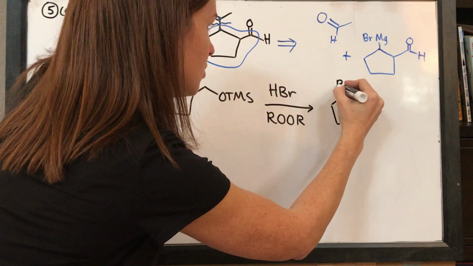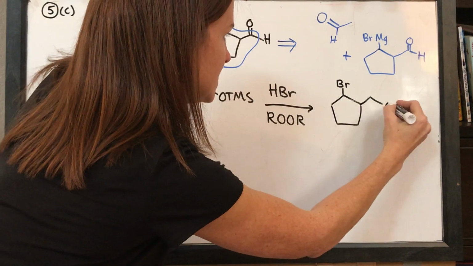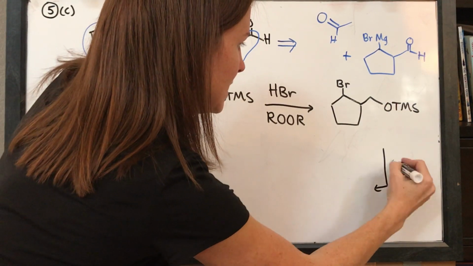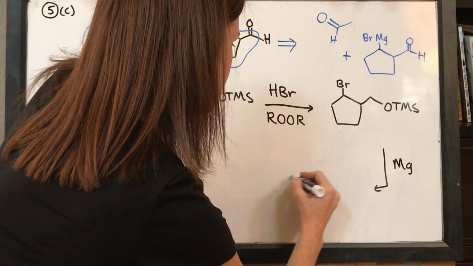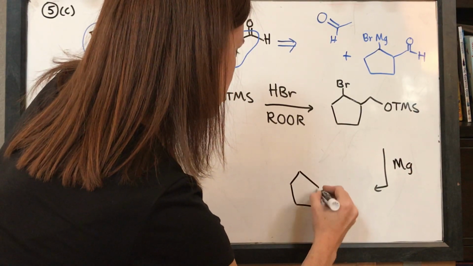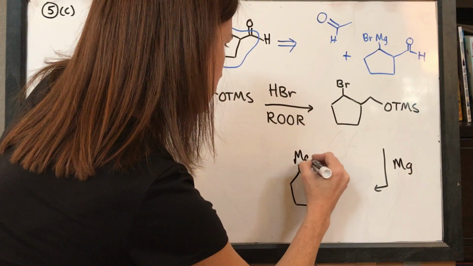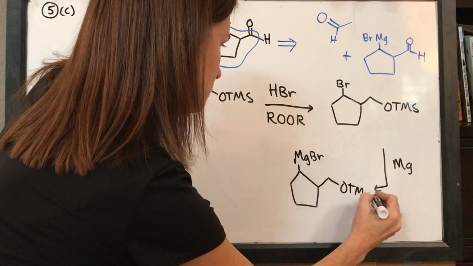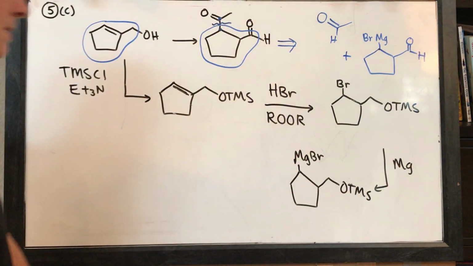Okay, so this is going to put a bromine here. I still have my protected alcohol. And now when I add magnesium, I'm going to form that species.